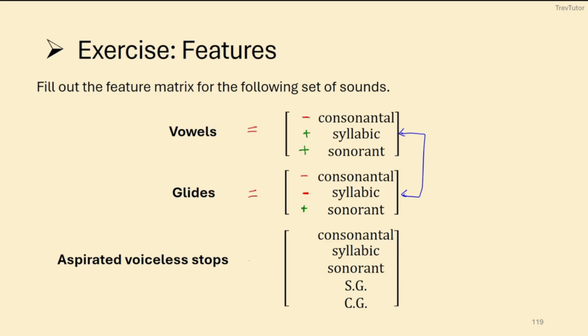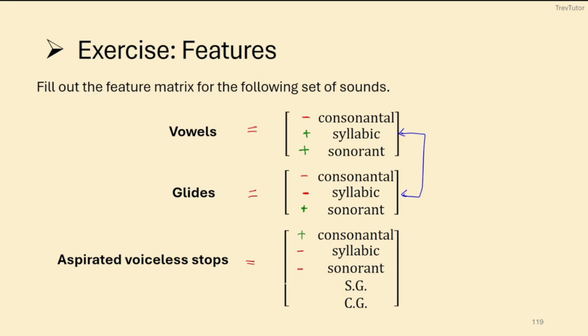Now, what about aspirated voiceless stops? Well, it's a voiceless stop, so they're going to be consonantal. They're consonants, so they can't be a peak of a nucleus, so it's going to be minus syllabic. Stops have different air pressure inside and outside the mouth, so these are minus sonorant.